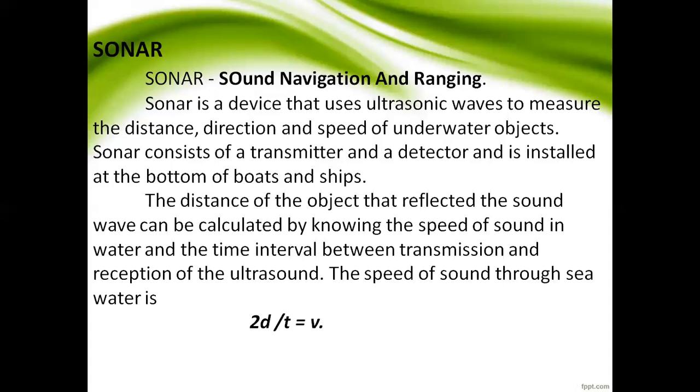Using the speed of sound and the time that passed before the wave was retrieved, a receiver can calculate the object's distance from the transmitter or emitter. So the time interval between transmission and reception of the ultrasound: 2d divided by t equals v, where t equals time and d equals distance.